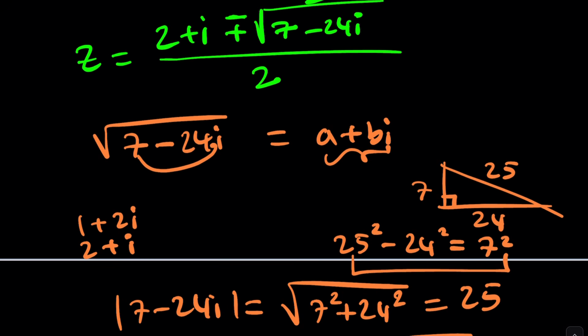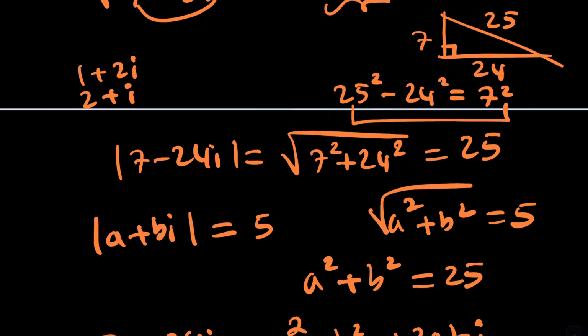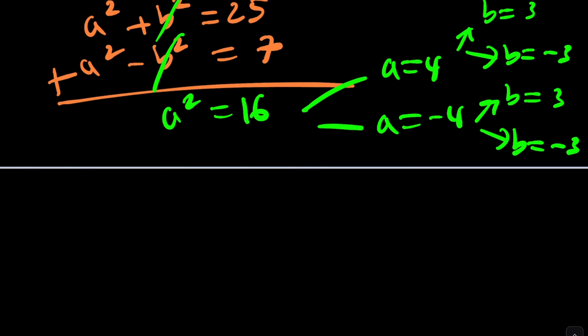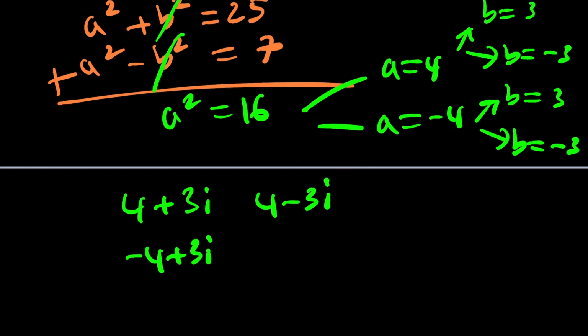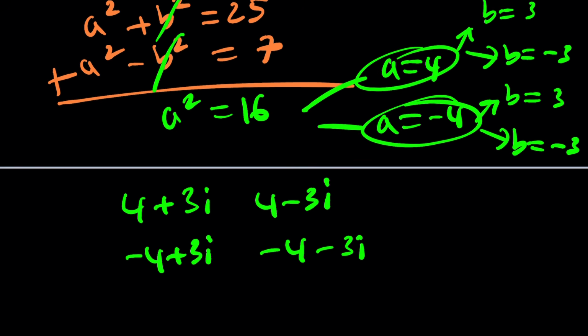And there are 2 square roots, so if you can find one correctly, then we should be good. So in other words, we're looking at numbers like 4 plus 3i, 4 minus 3i, negative 4 plus 3i, and negative 4 minus 3i with all the a, b values, right? Only 2 of these are going to work, and they need to be opposite. So if we can find one of them, maybe try this one.